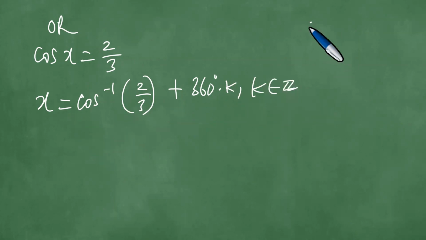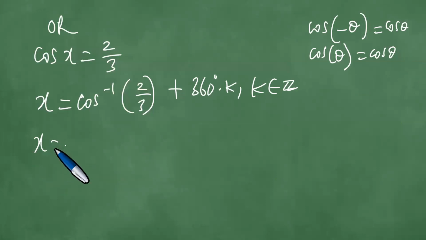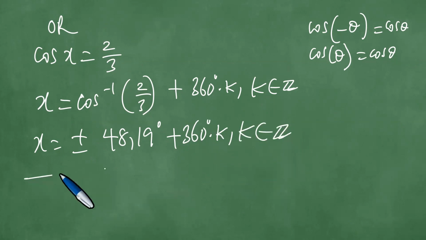Because the cosine of negative theta is actually cosine theta, and the cosine of theta is cosine theta. So this one is going to be plus or minus 48,19 degrees plus 360 degrees times k, where k is an element of the set of integers. So this is the answer as well.